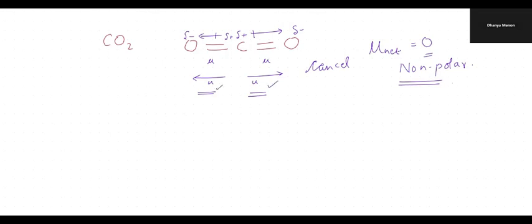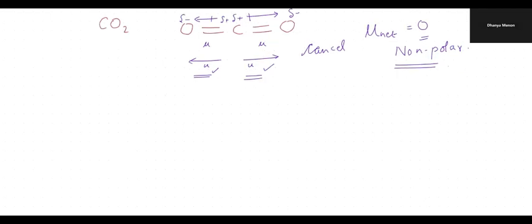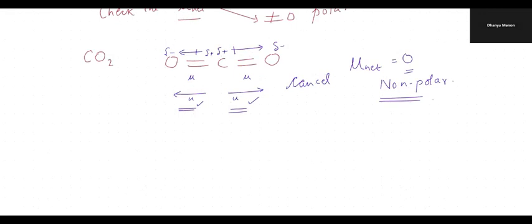It is there, but because they are in the opposite direction, they cancel each other. So even though there are compounds with electronegativity difference, just like carbon dioxide, they are still considered non-polar. Why? Because the dipole moments cancel each other.